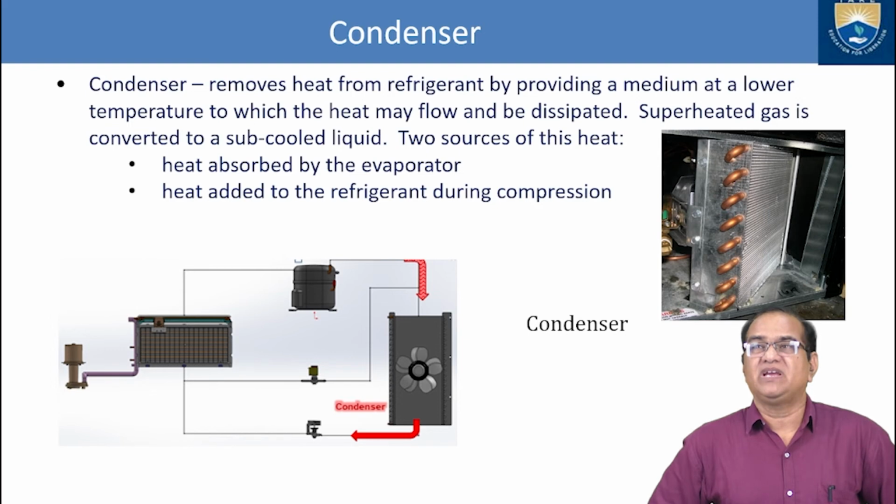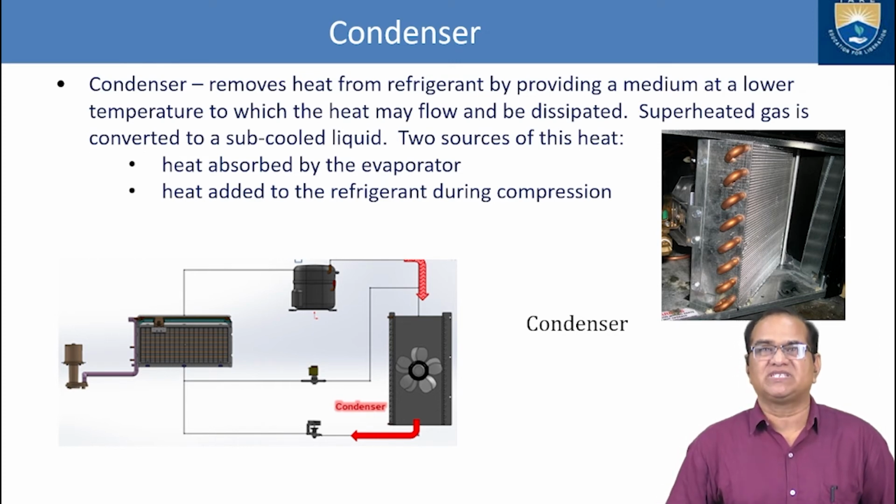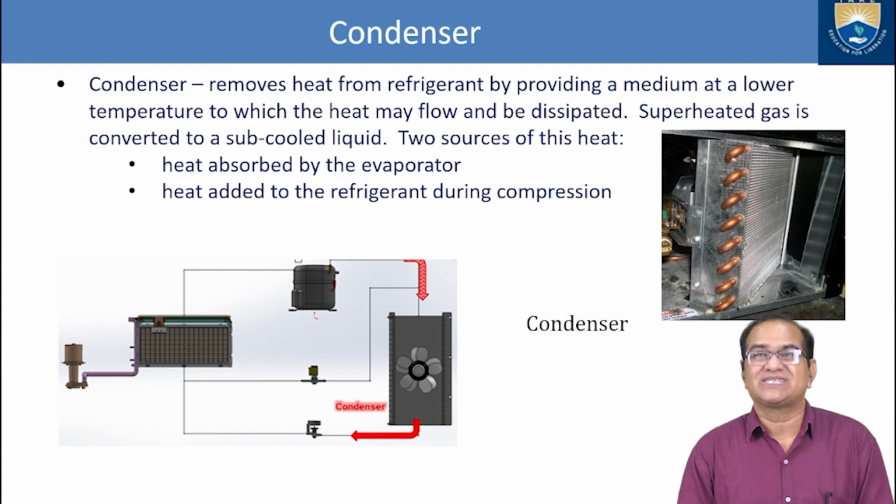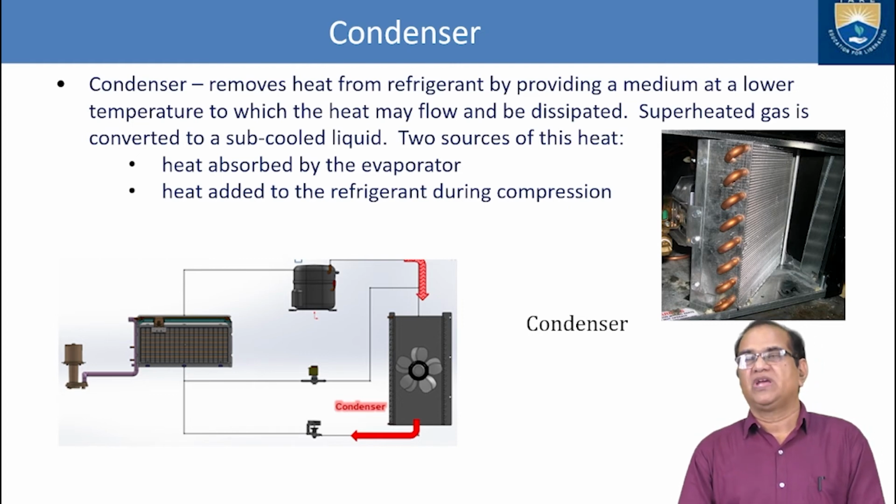We have to provide a medium so that this refrigerant, which is at high temperature, can be condensed, to which the heat may flow and be dissipated. Superheated gas is converted to a subcooled liquid.